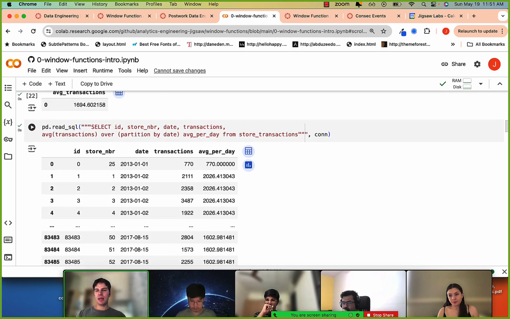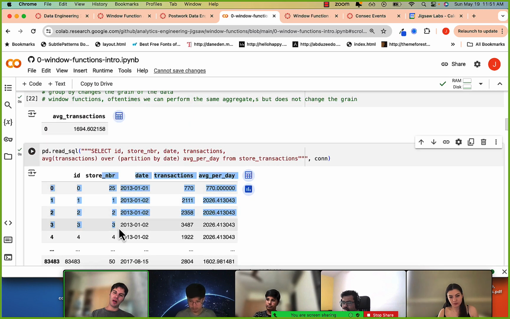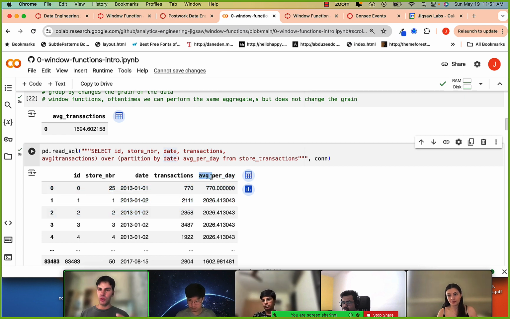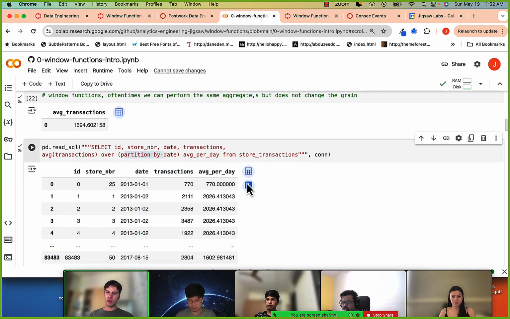Remember, group by changes the grain of the data, whereas window functions really only apply to this one column. You can do both, and we can get into that, but within a column a group by does not make sense because it's going to have impact beyond that column. All right, so that's not going to work.